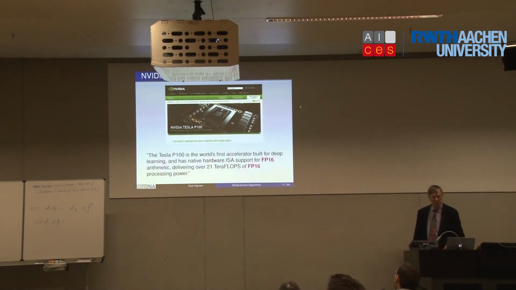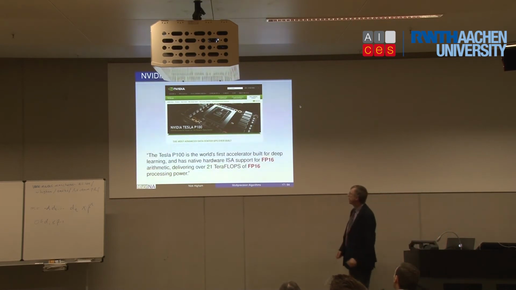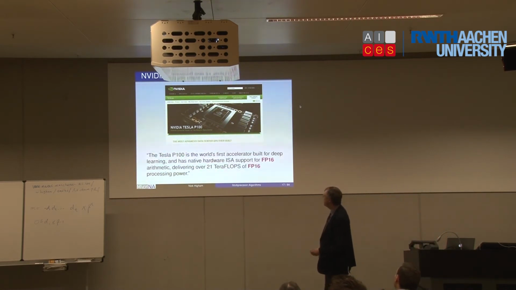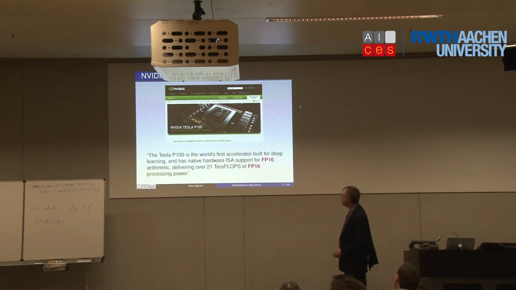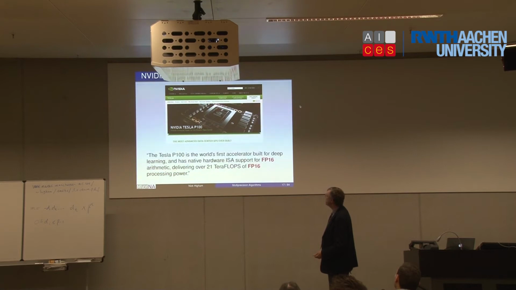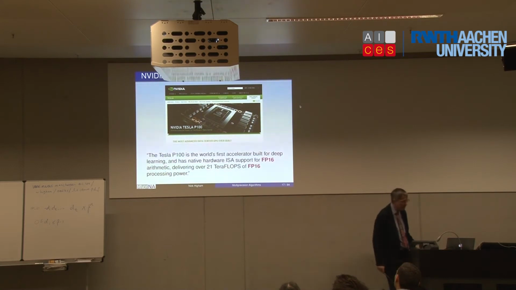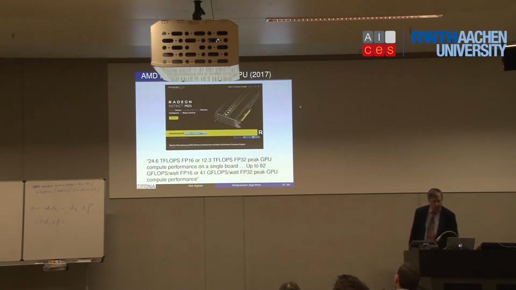So the ARM architecture has half precision. Nvidia introduced half precision on their top of the range P100 a couple of years ago. They're claiming 21 teraflops of FP16 performance. So I believe it's only on the top of the range GPU that you get half precision, but you get a lot of performance. I think they were the first to do that.